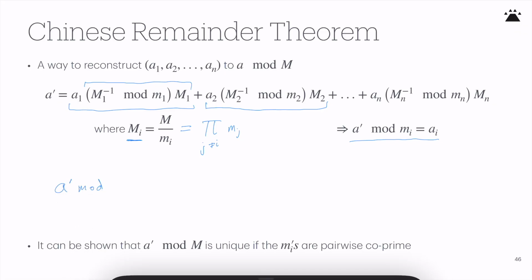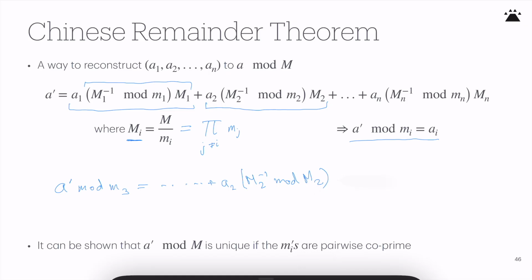For that, there are a lot of terms, but let's take two of them that are relevant for us: a_2 times M_2 to the minus 1 mod m_2, and then a_3 times M_3 to the minus 1 mod m_3.